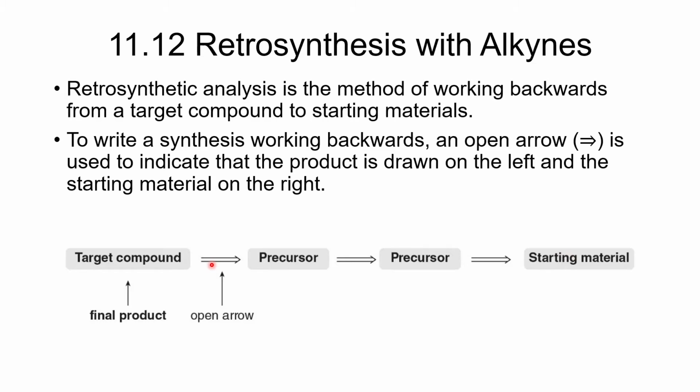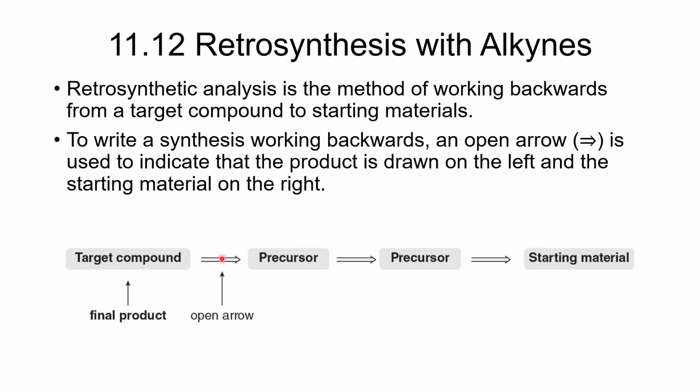When we do retrosynthesis, we typically don't put reagents on the arrows. We just put what we think it could be. And there's an advantage to that. Sometimes when you're thinking of a reagent, you may get some reagents confused.